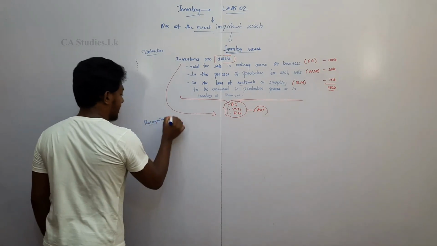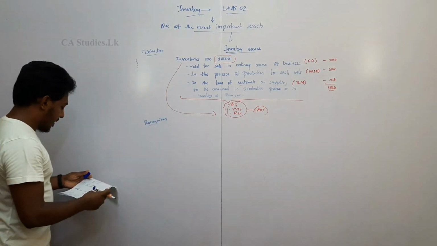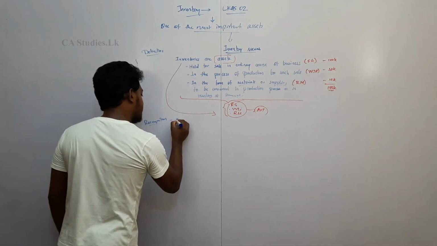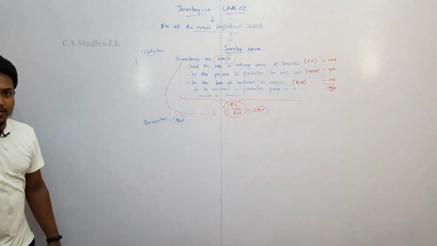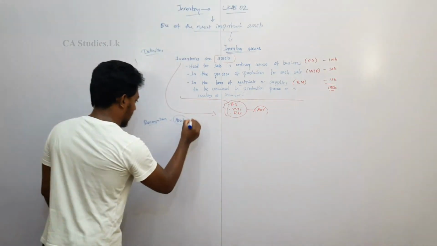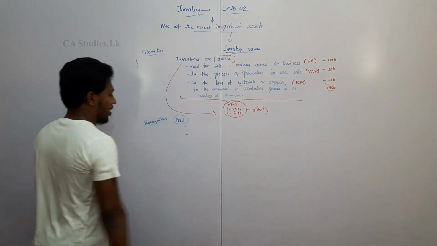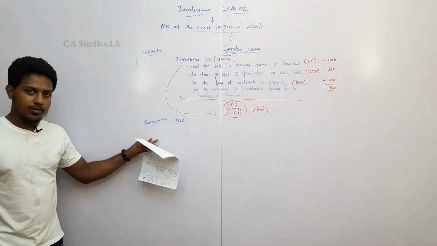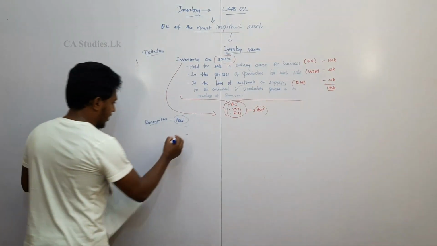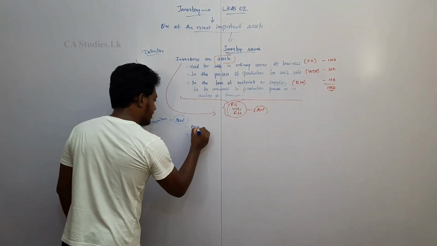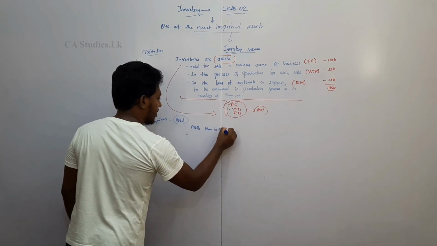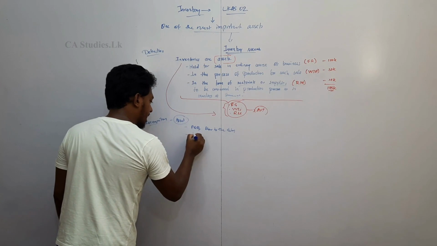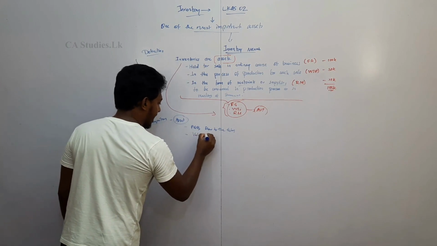This can be tested in the exam. That's why I am explaining. Recognition criteria, very easy. The asset recognition criteria will be the inventory recognition criteria. What is the first one? What is the second one? Pause the video and try to write. Okay. Future economic benefit flows to the entity. That is the first criteria. The second criteria is that the value can be measured reliably.